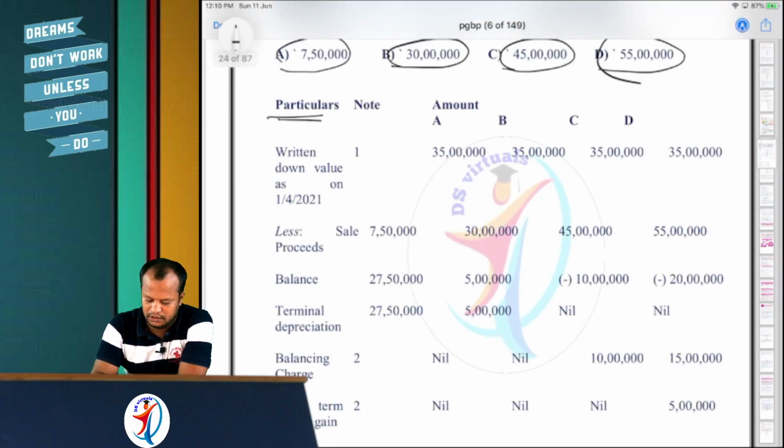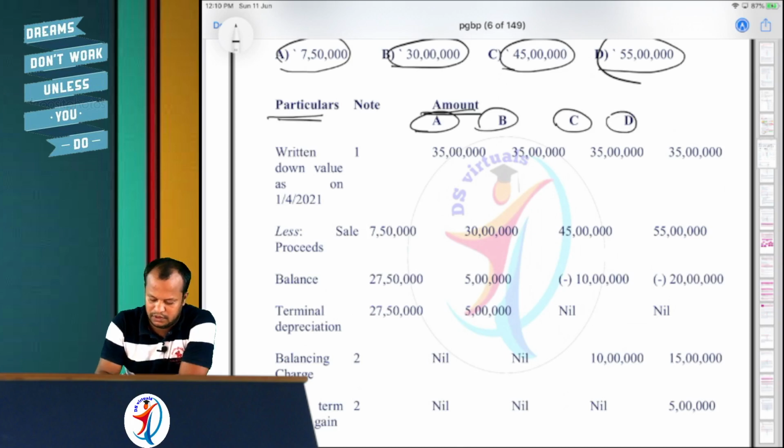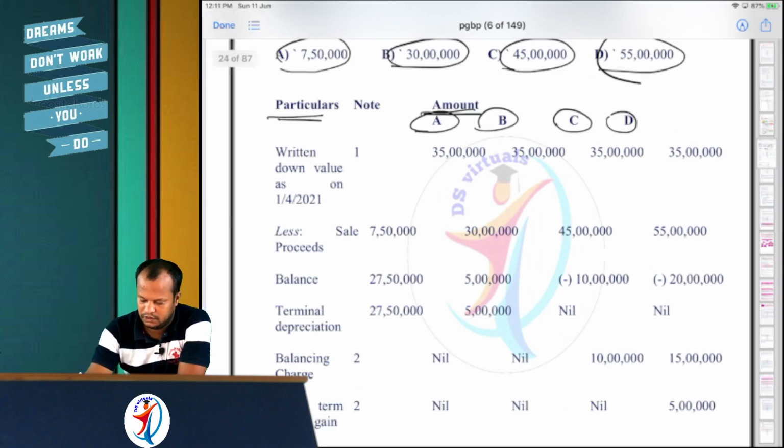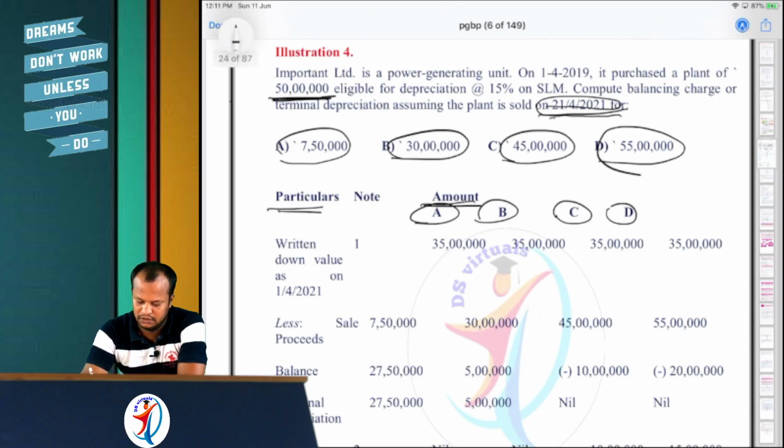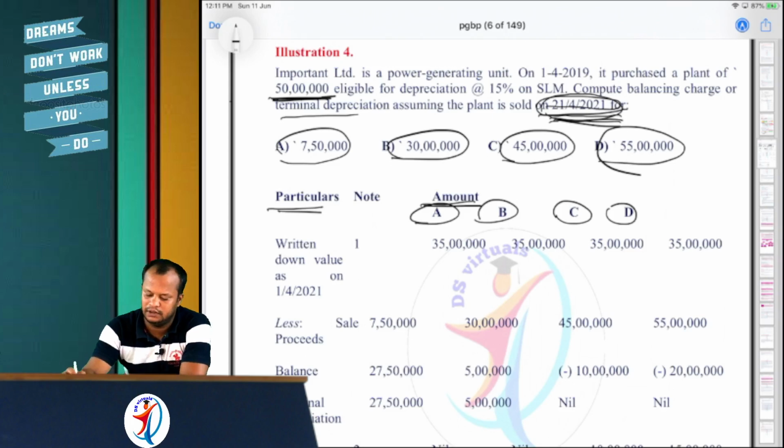Particulars, amount, cases 1, 2, 3, 4. First, you have to calculate WDV on 1st April 2021. We have to compute terminal depreciation as on 21st April 21. It means the 21-22 previous year.